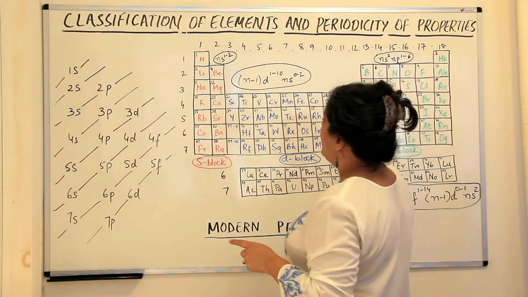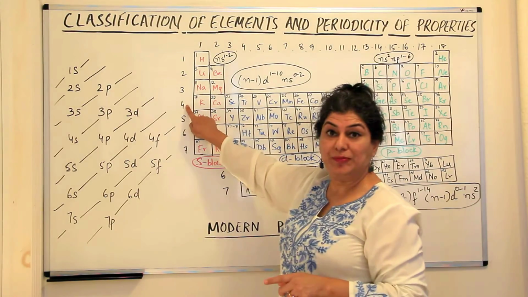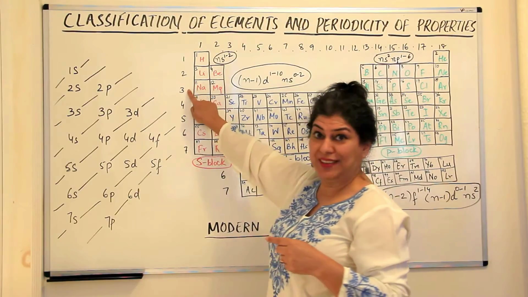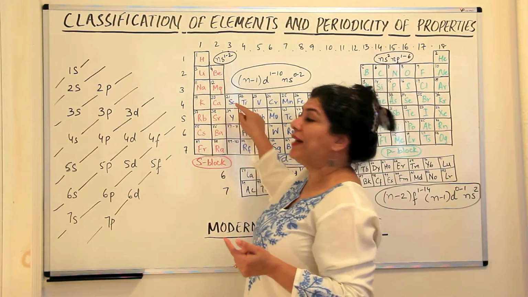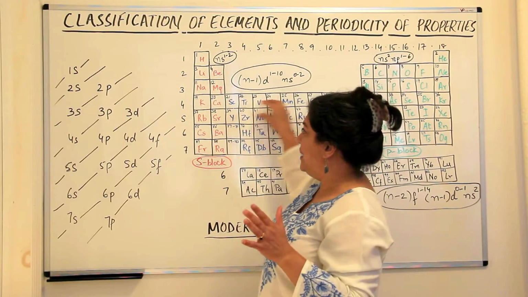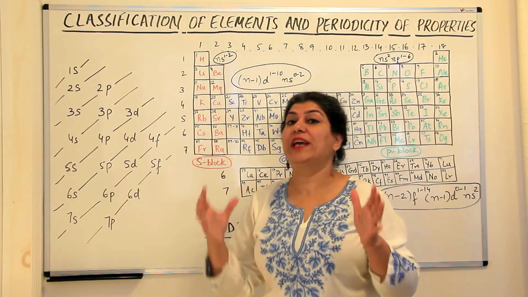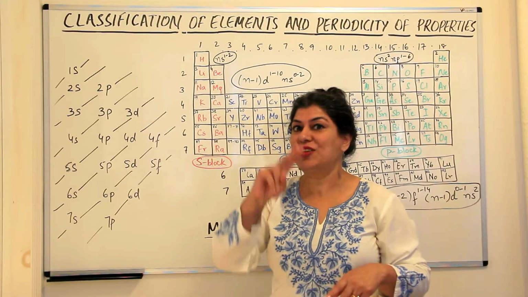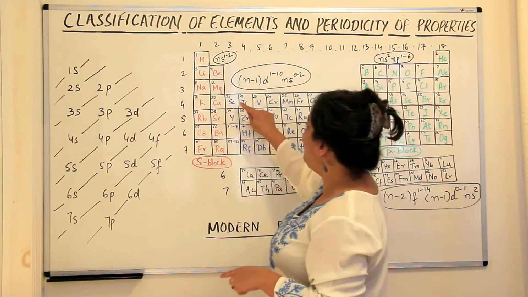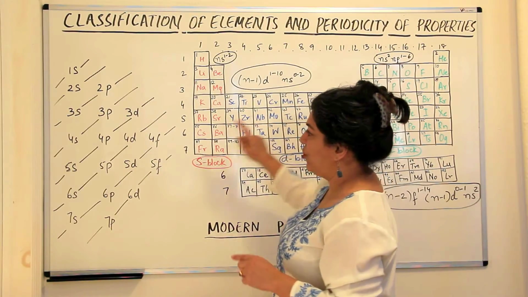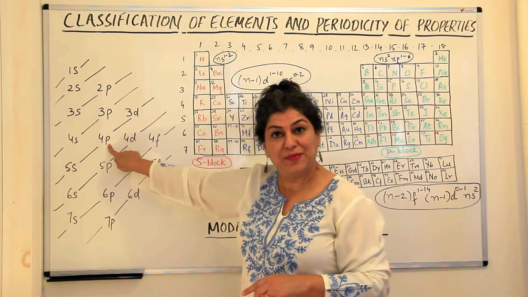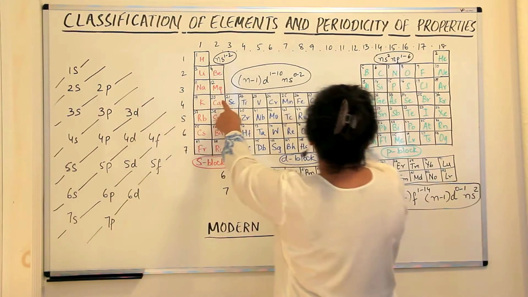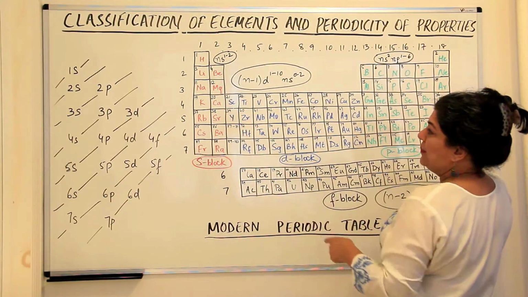But these d orbitals are not of the fourth shell. They are of the third shell actually, although they are filling up after 2 electrons. So in these elements, the outermost shell is not the third shell, it is the fourth shell. After the filling up of these 10 electrons of the 3d, the next 6 electrons go to 4p, which is here.